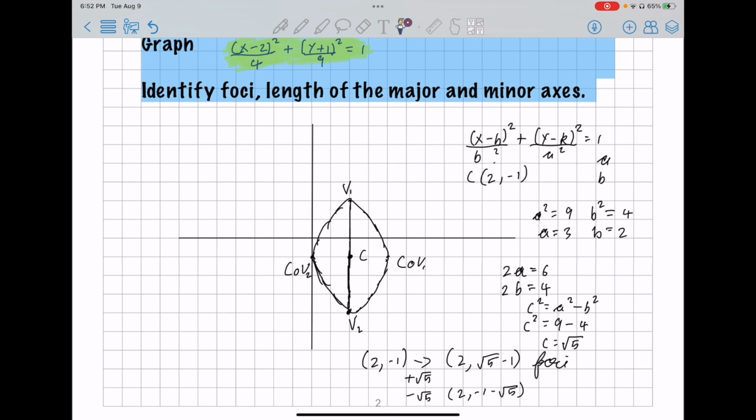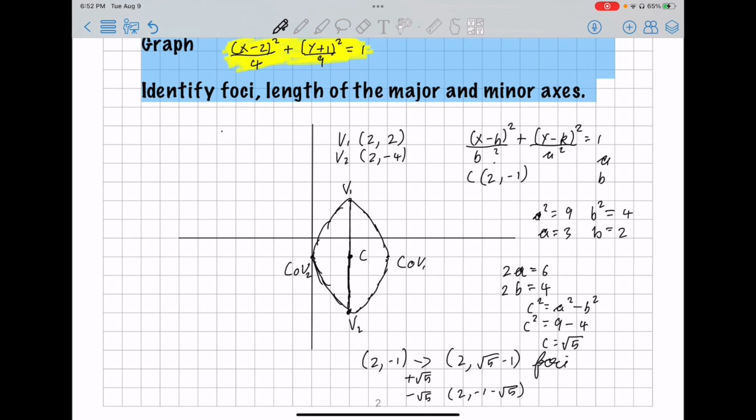We change the y: we go plus 3 and minus 3. So vertex 1 will be 2 comma negative 1 plus 3, which is 2 comma 2, and vertex 2 is 2 comma negative 1 minus 3, which is 2 comma negative 4.